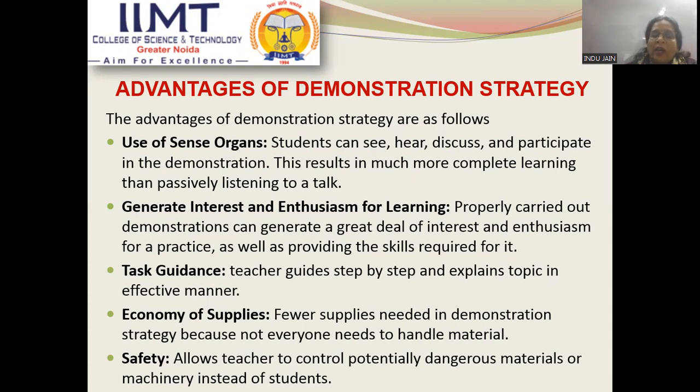Further, it is also autocratic because in this strategy, teachers are active, but students are passive because they are not doing anything. They are just seeing, listening. They are not doing anything with their hands.